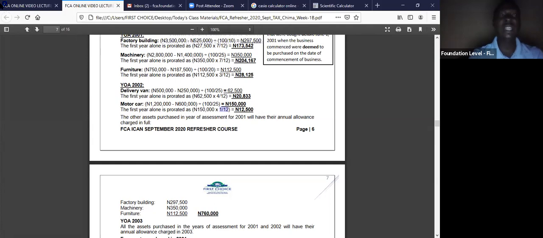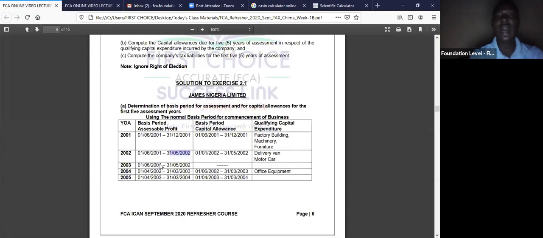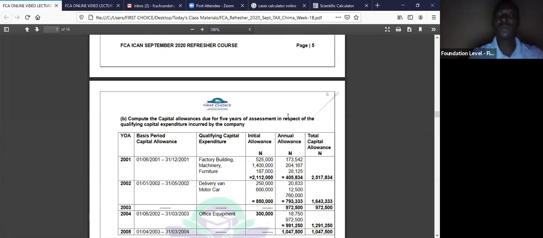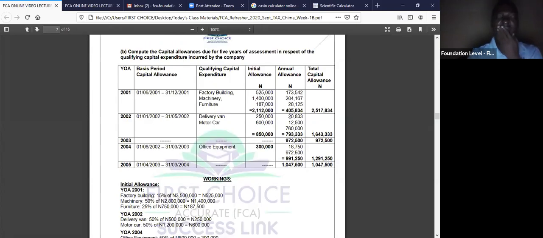So after getting these two figures, I will now put them here. This is for delivery van, and this is for motor car. Now, what is this 760,000 doing here? Let me explain that.